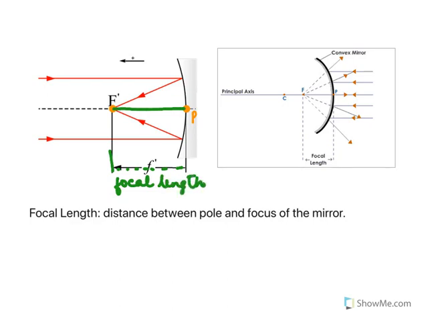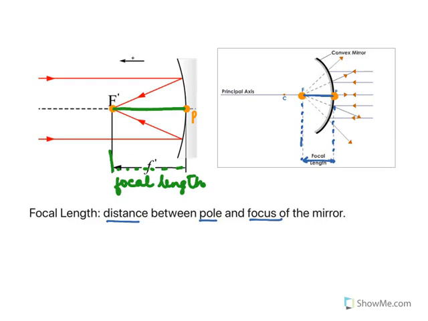Same thing for convex. Here is the pole, here is the focus, and the distance between the pole and the focus, this distance here, is called the focal length. So the distance between the pole and the focus of the mirror is called the focal length.